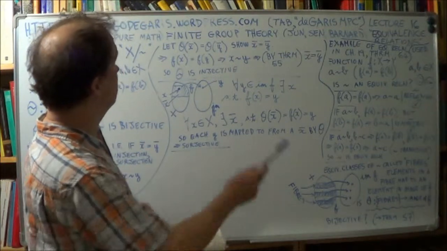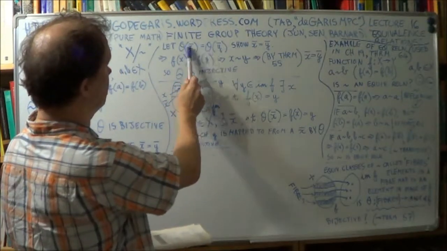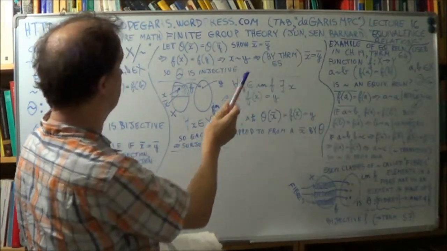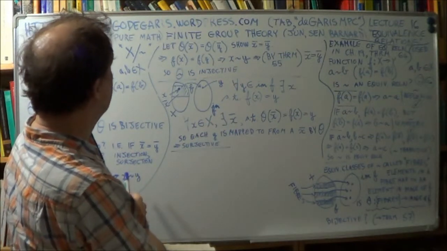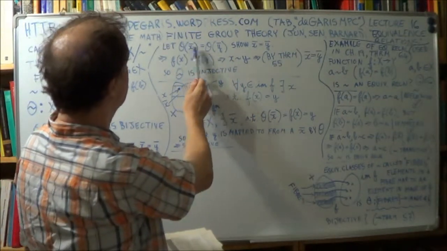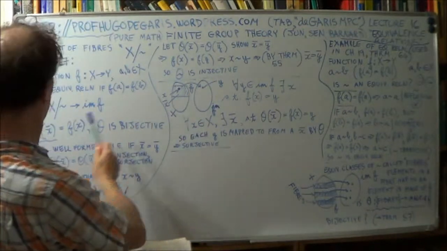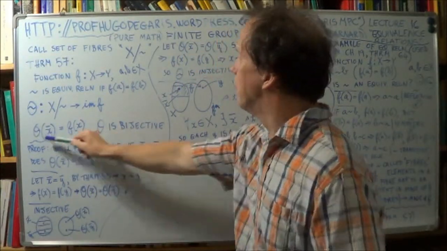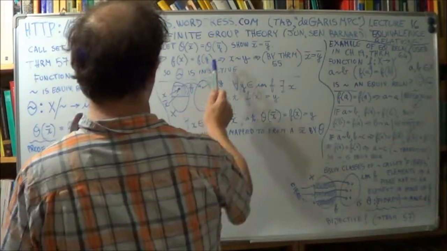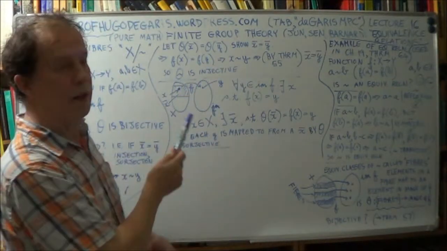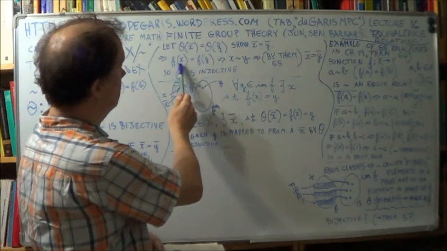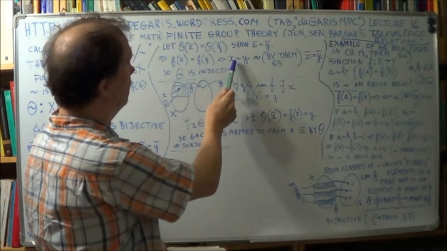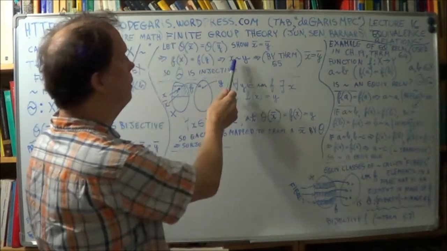So let these two be the same, and we have to show that x bar equals y bar. Now, if this equals this, then from here we know that f of x equals f of y. But that means that x and y are equivalent, right?